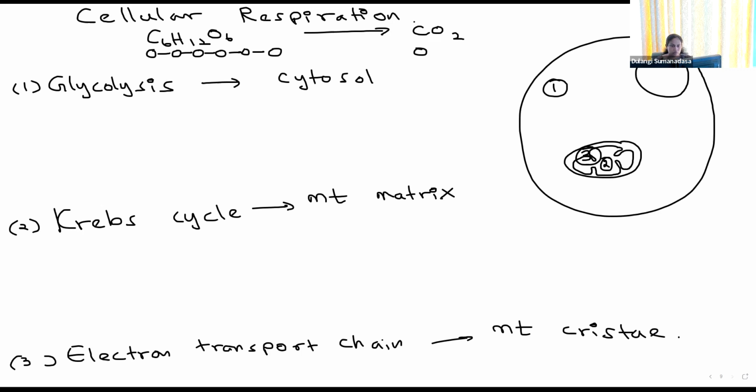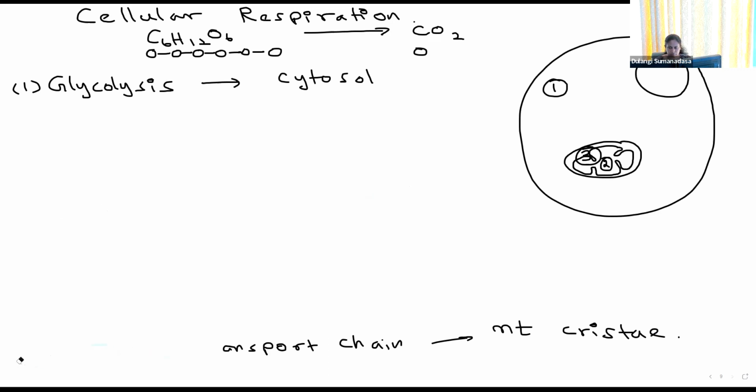Let's do the glycolysis first. So we are not inside the mitochondrion yet, we are in the cytosol. So I'm going to get the glucose.